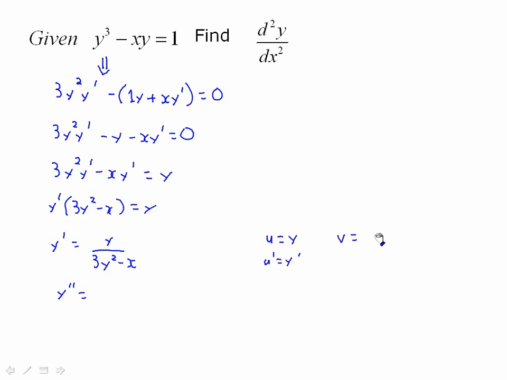And then v is equal to 3y squared minus x, so v prime is equal to 6y y prime minus 1. So the second derivative would be equal to u prime v minus u v prime, all over top of v squared. I'm going to bring up a new screen and then finish this one off.